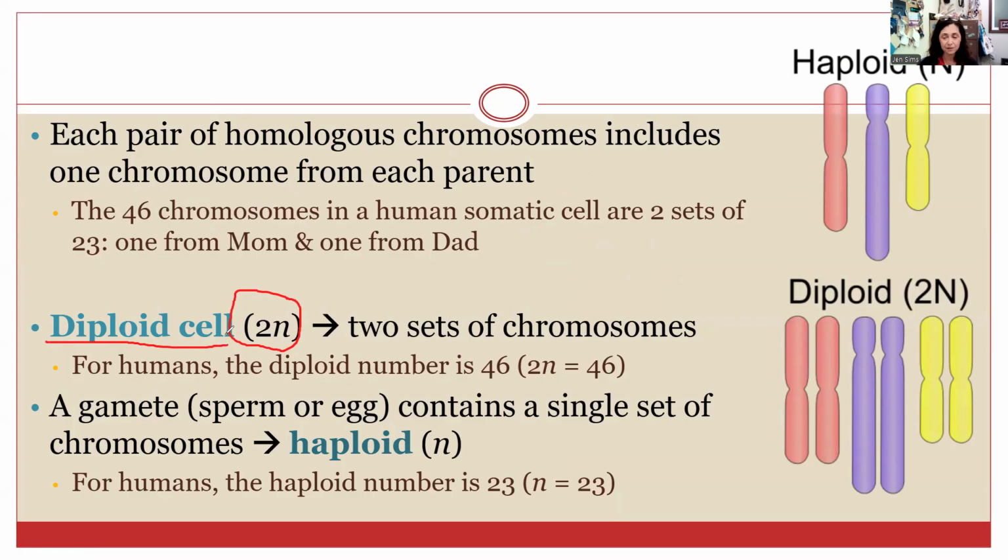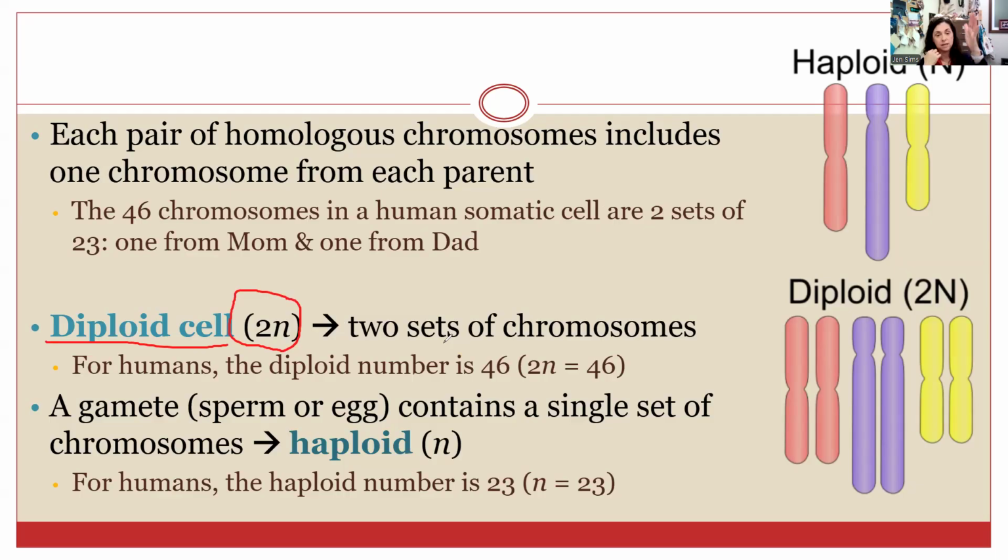And all that means is you've got both sets, okay? You've got the cells in your body, the regular old cells, basically not the sex cells, not gametes, okay? That show both sets of chromosomes that are there.